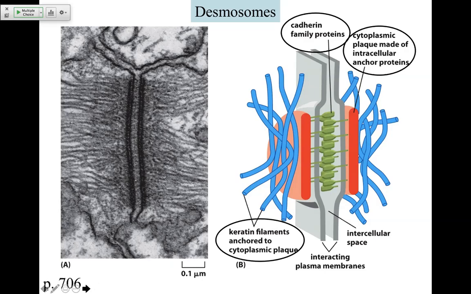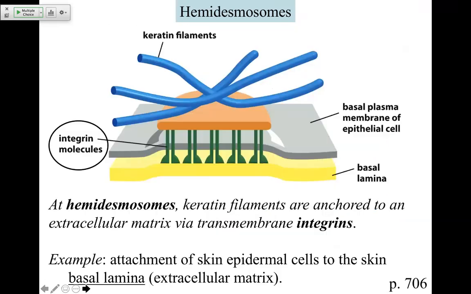Now, those epithelial cells also are attached to the basal surface. So if we looked at the bottom of each of those cells, the basal side of those epithelial cells, we would see that they are all connected to this extracellular matrix that we call the basal lamina. And the cells, via their keratin filaments, are bound to that basal lamina through, again, anchoring proteins that are linked to a different type of transmembrane protein that we call integrin molecules.